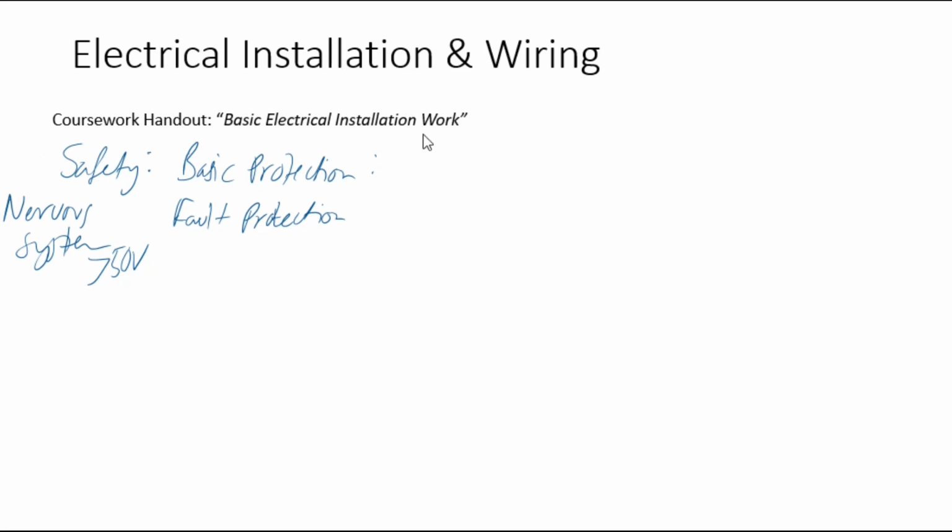So basic protection is achieved through insulation or enclosures. That is, you provide a physical separation between the electrical conductors and the human being, either through insulation, such as with wires or cables.